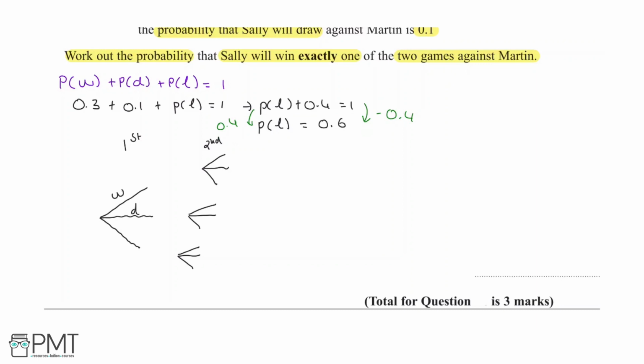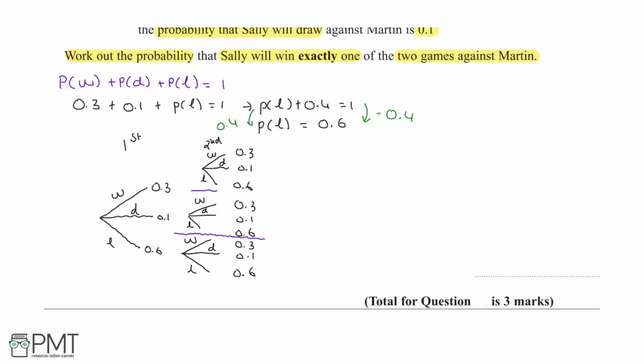So we have win, draw, lose, win, draw, lose, win, draw, lose, and finally, let me just make this one a bit bigger so we can actually work with it. Win, draw, and lose. So let's populate it. We have 0.3, 0.1, and 0.6, repeated for each set of branches. This is a bit confusing. Let's just, in a different color, draw a brief line just to break these 2 apart. There we go, like that.